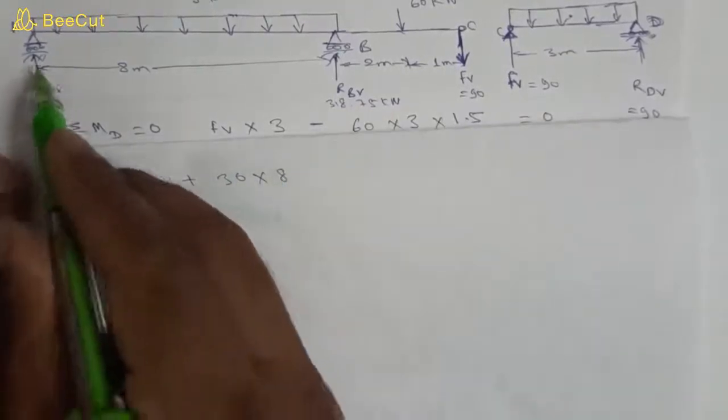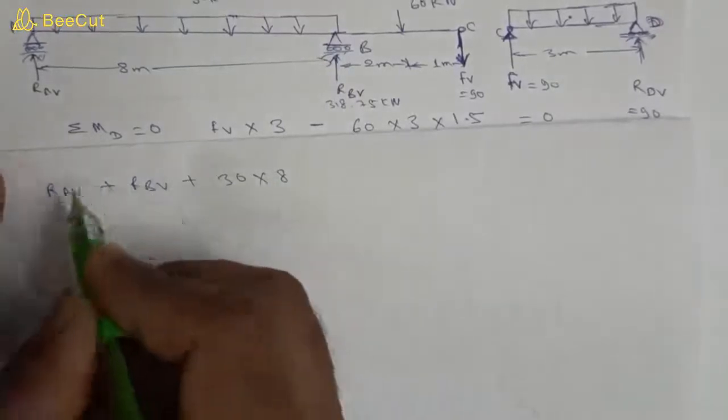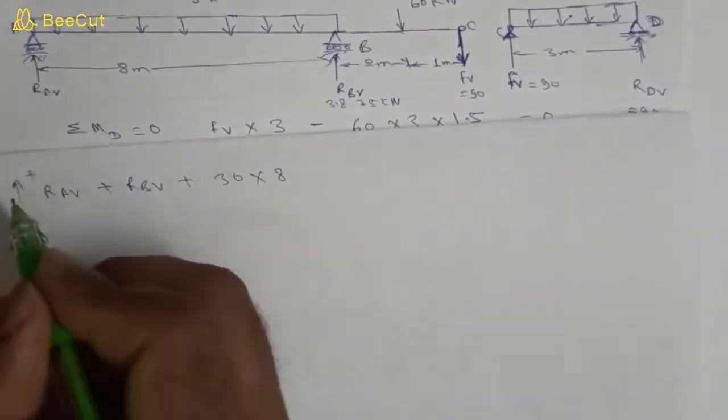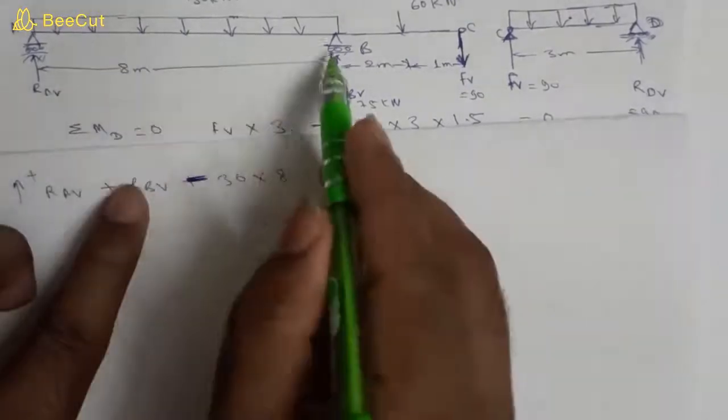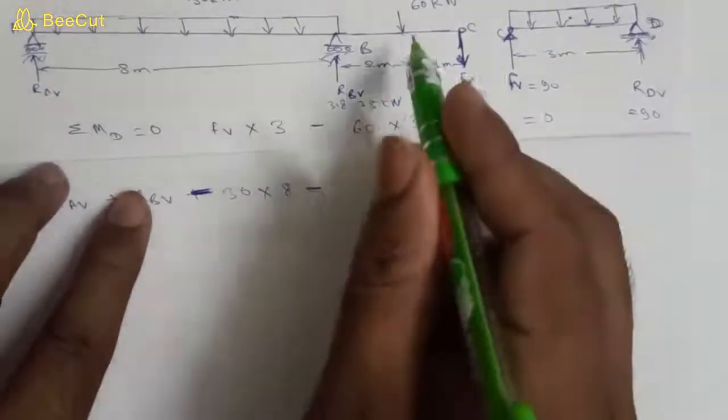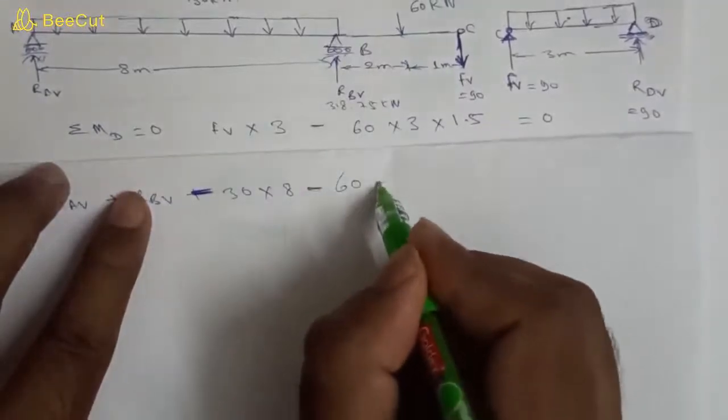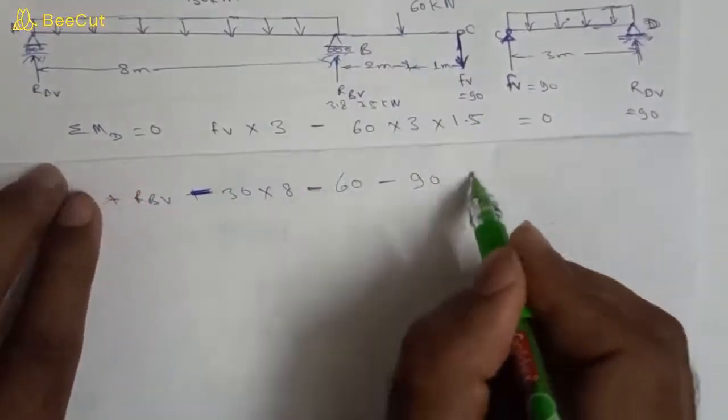Sorry, this is upward, so they are plus, suppose upward is plus, then this is downward, 30 into 8, minus this 60 and this 90 is equal to 0.